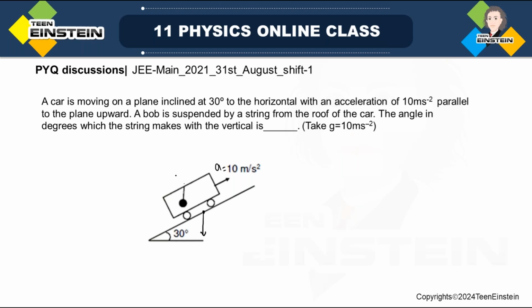But it will actually make an angle 30 over here. So this is actually mg cos theta that you know. And mg sin theta, which will act this way. If the mass of this car is m, mg sin theta will act in this way.